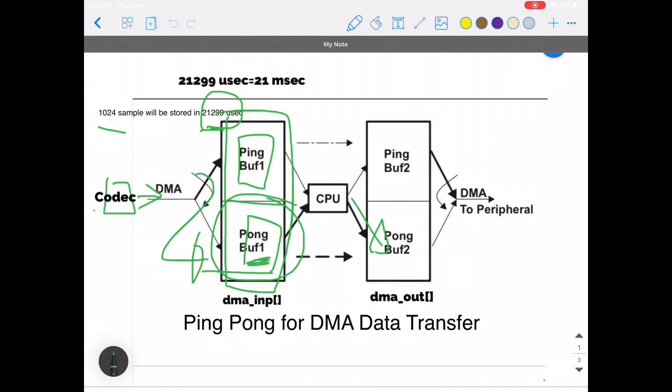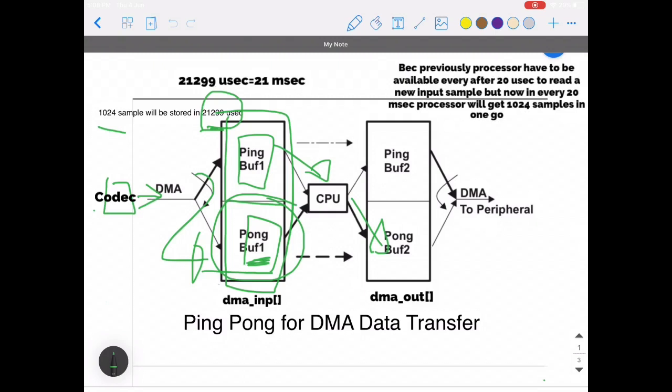So the third block of data is now getting stored in the pong buffer, and now the CPU will read data from the ping buffer. This is how, by DMA alternately changing the storage buffer from ping to pong to ping, the CPU gets an extra amount of time and there is no problem of missing the input sample.